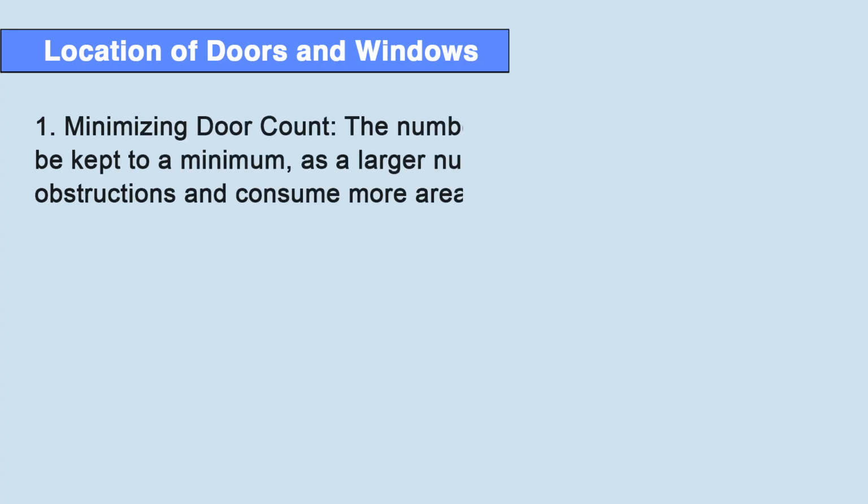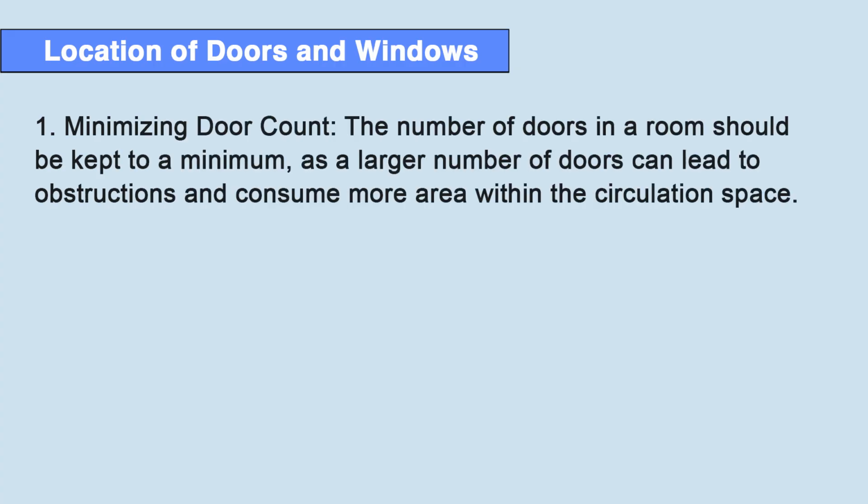Now, we are going to discuss the location of doors and windows. When determining the location of doors and windows in a building, several key factors should be considered. We are going to discuss all the factors one by one. The first factor is minimizing door count.